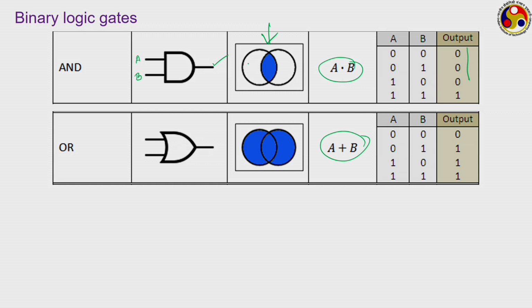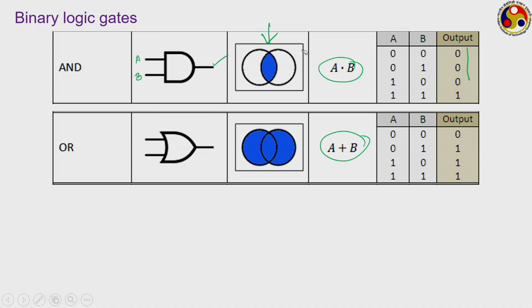In this portion, one input is on but the other is not available. Similarly, in this portion, the second input is on but the first one is not available. This is the only portion where both the inputs are available, and that is why you are going to get output only in this blue portion.